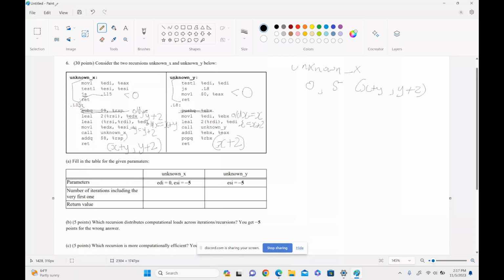So the next line would be -5, -3. Next would be -8, -1, and -9, 1. We stop here because it goes over 0. So this is a total of 4 iterations.